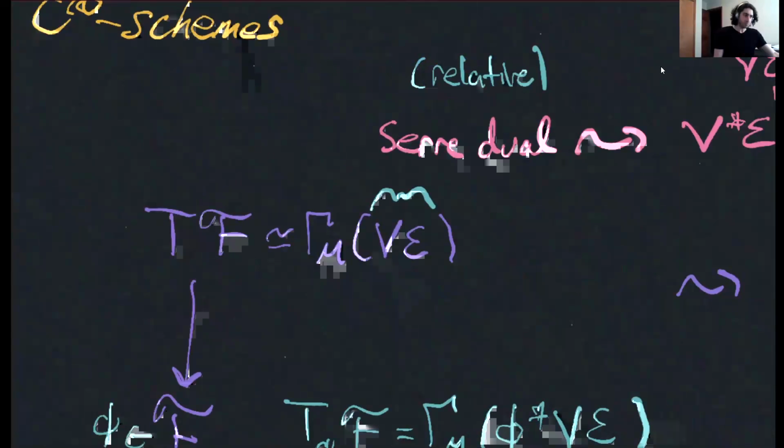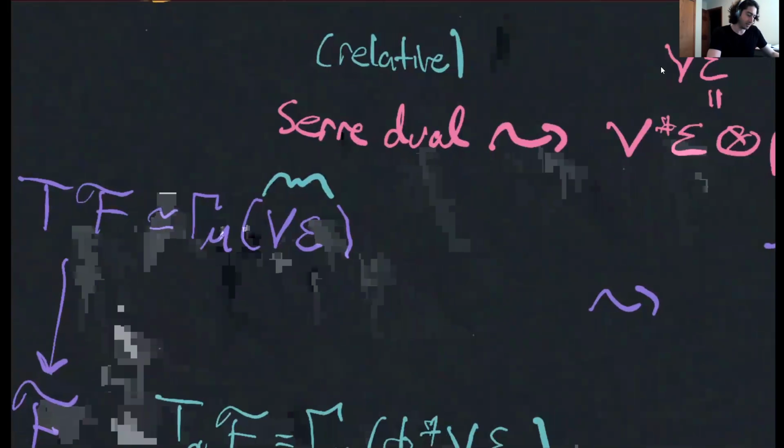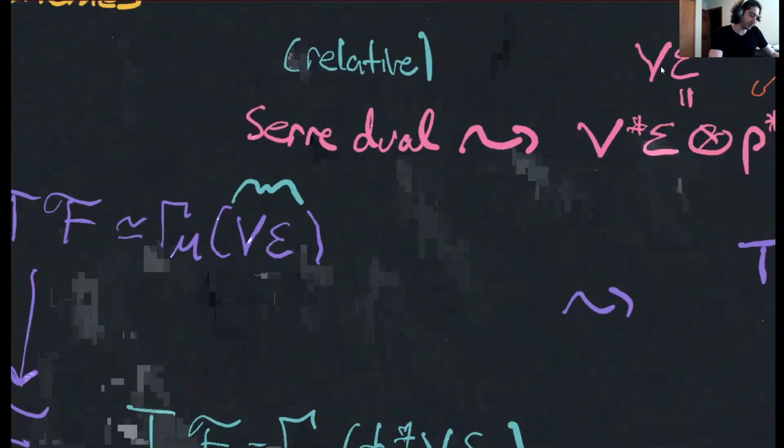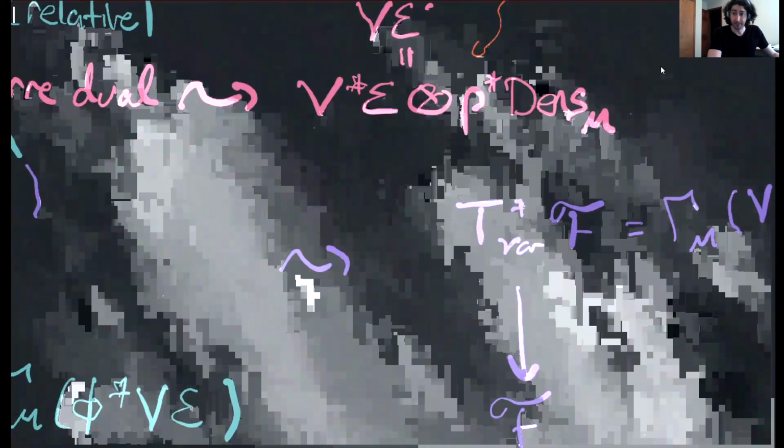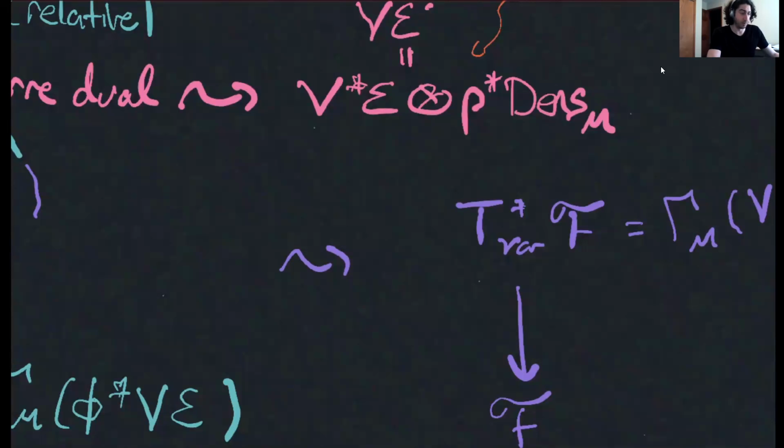Now to do this, we want to take the dual, but not with respect to R, but with respect to densities, because we're taking density-valued functions, right? This is accomplished by the so-called Serre dual. So you pull back the density bundle, and then you tensor with the dual.